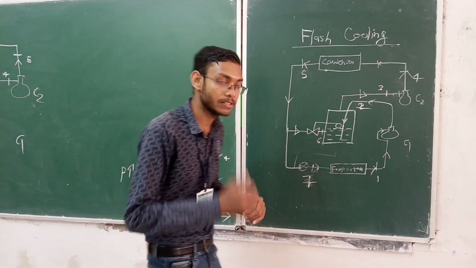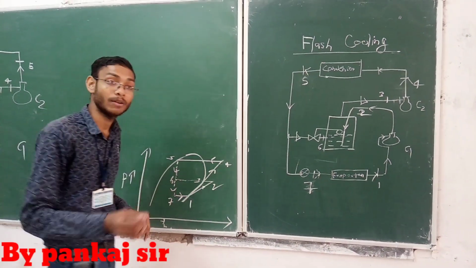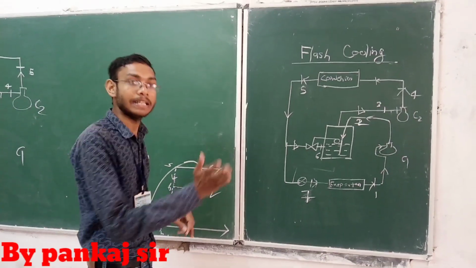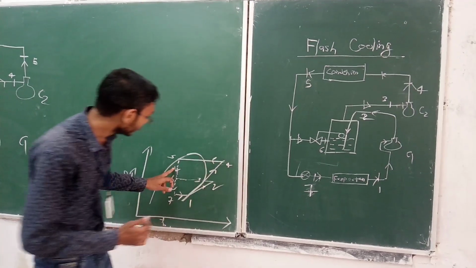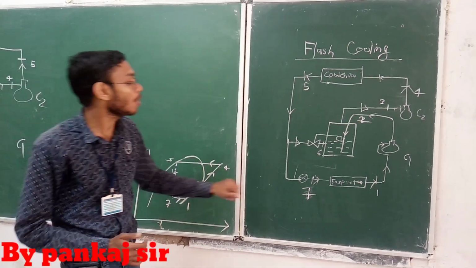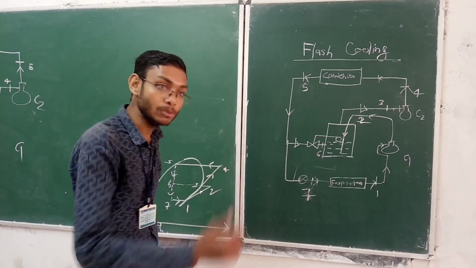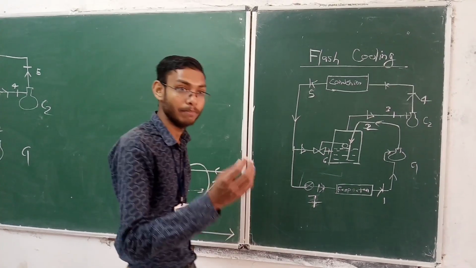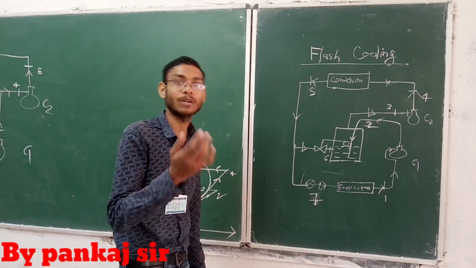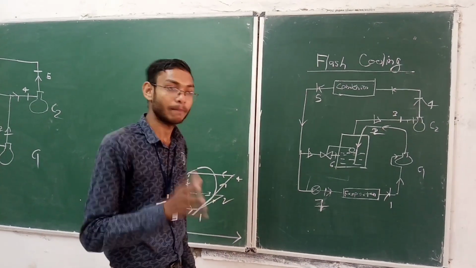we have the condenser, and from 4 to 5 we are rejecting heat at constant pressure. From 5 to 6, with the help of the expansion valve, we are now reducing the temperature of that condensed liquid, and that is going to be an isenthalpic process.